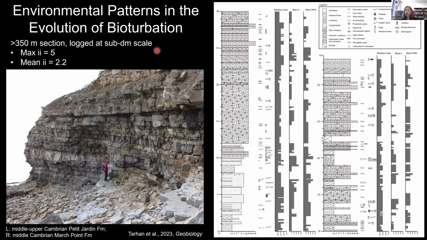Intriguingly, however, it does seem as though, regardless of their age, those portions of the succession that record our most near shore, our most onshore facies, such as peritidal carbonates and shore face sandstones, are characterized by higher intensities of bioturbation relative to, for instance, the inner shelf portions of our succession or the continental slope facies that we can also examine here.